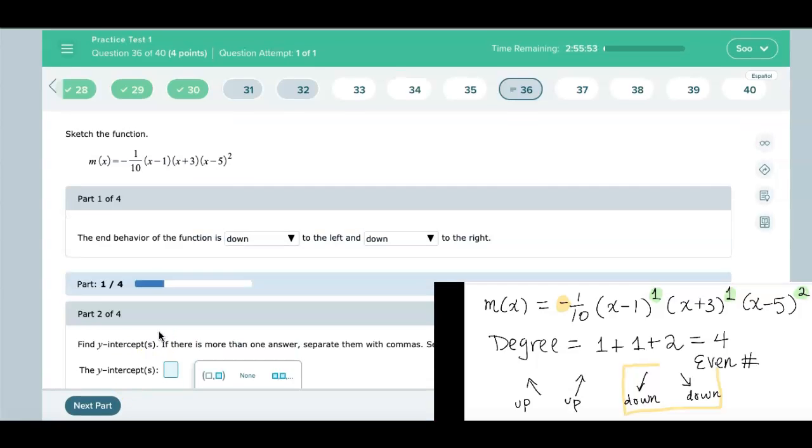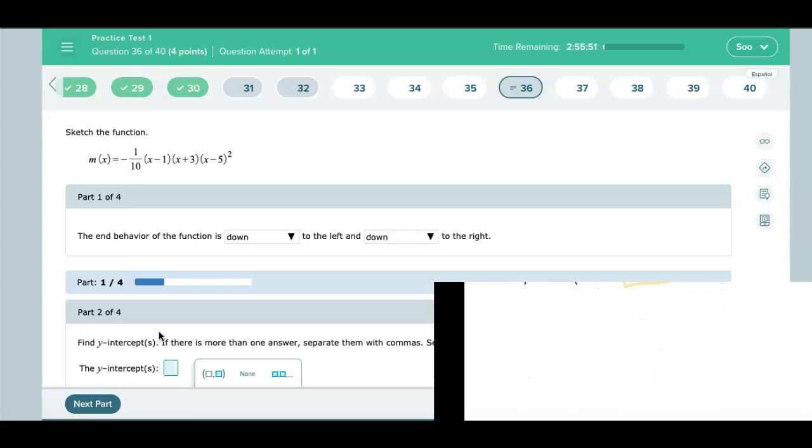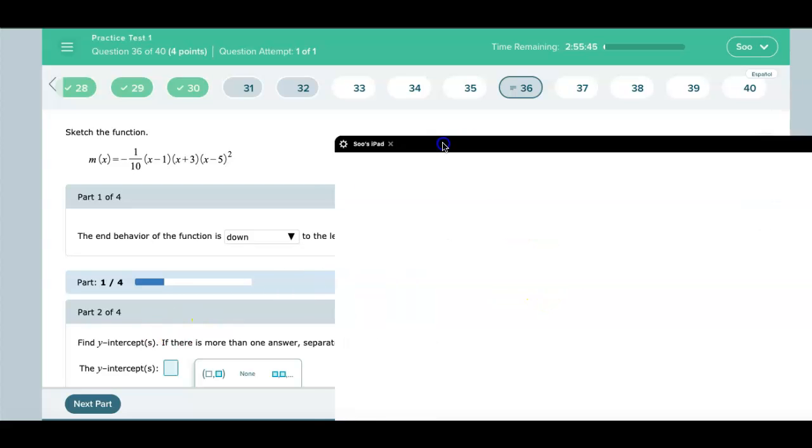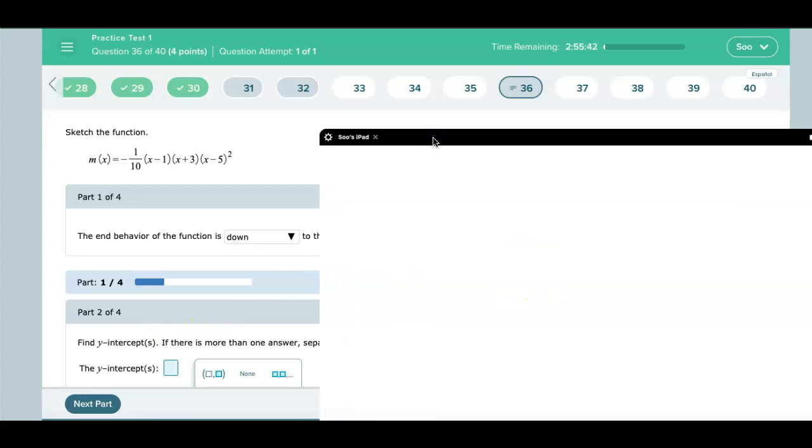Find the y-intercept. Okay, y-intercept is an easier one to find because all we need to do is plug in x equals 0, right? So let's do that. Y-intercept is negative 1 over 10 times 0 minus 1, 0 plus 3, and 0 minus 5 squared.